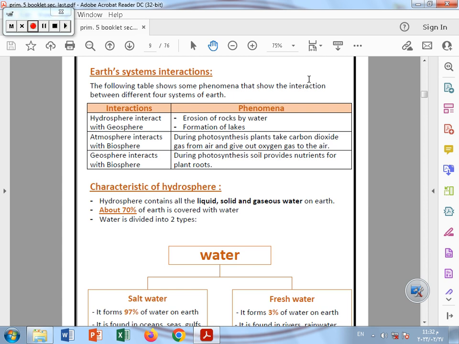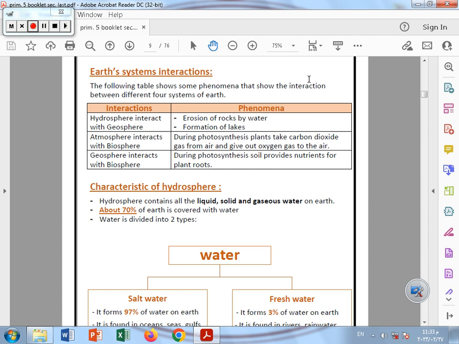The interaction between geosphere and the biosphere includes the photosynthesis process, when the soil provides the plant with its needed minerals. So the plant is a part of the biosphere, the soil is a part of the geosphere, so that's an interaction between geosphere and biosphere.